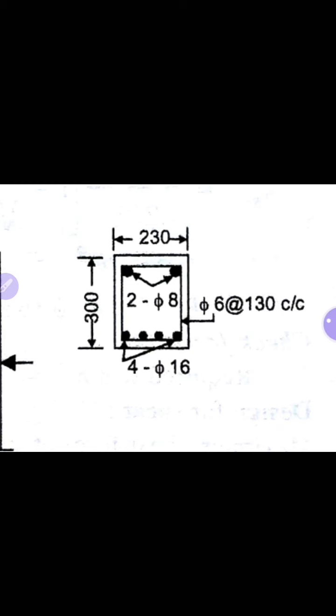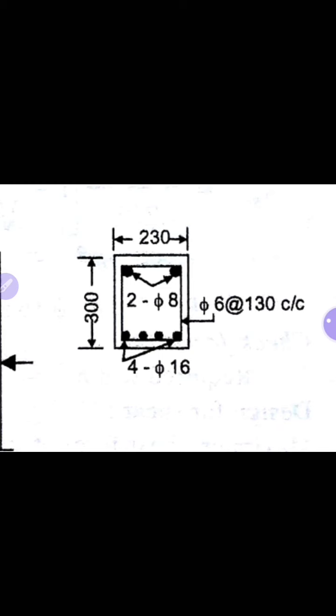These 2 top bars are just to hold the stirrups in position, because we want to maintain this rectangular shape of the stirrup. Sometimes one can misunderstand, with top bars and bottom bars, whether it is a doubly reinforced section, but this is not. It is a singly reinforced section only.